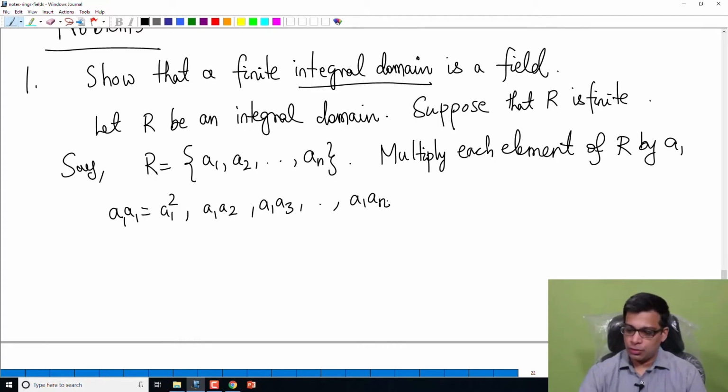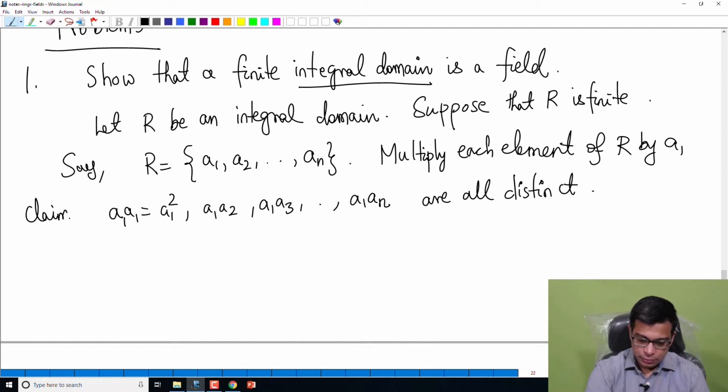Let's consider these elements. I now claim that these are all distinct. This is my claim. You choose A1, multiply A1 with every element of the ring. I claim they are distinct.